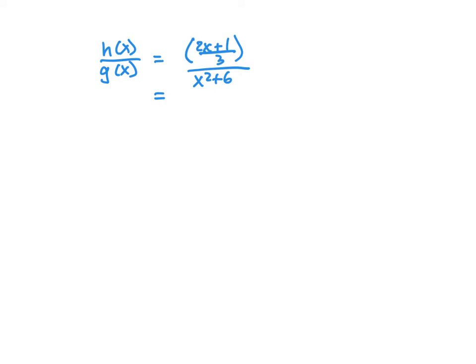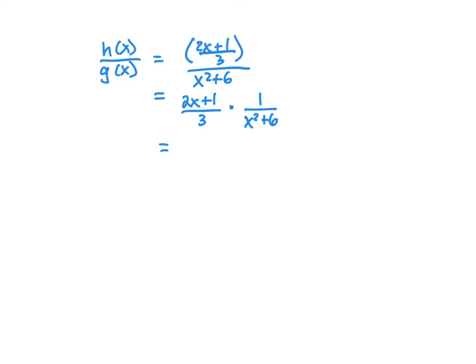Copy dot flip: copy the top fraction, 2x plus 1 over 3. And then I'll flip the bottom one, which is x squared plus 6 over 1. So when I flip it, that ends up being 1 over x squared plus 6. Multiplying, we multiply straight across with fractions.